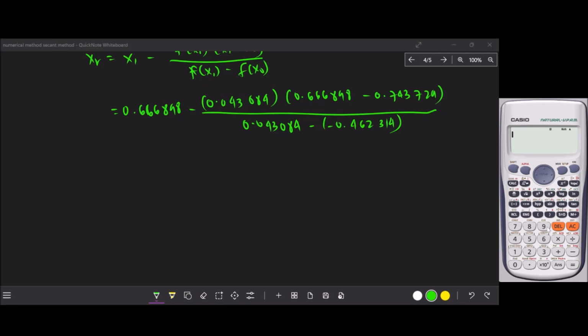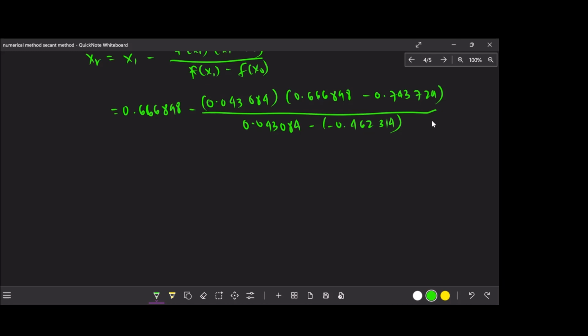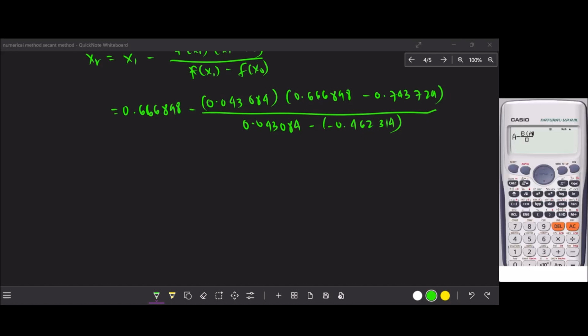So this will be A minus our value for this one, which could be B. Then we have A, minus our 0.743729.